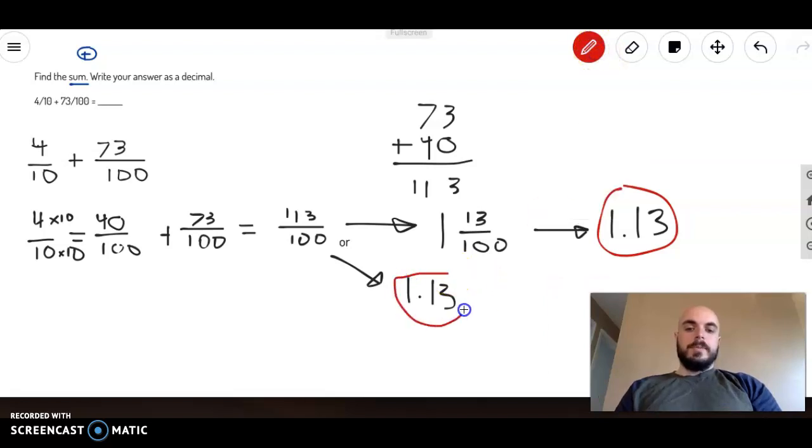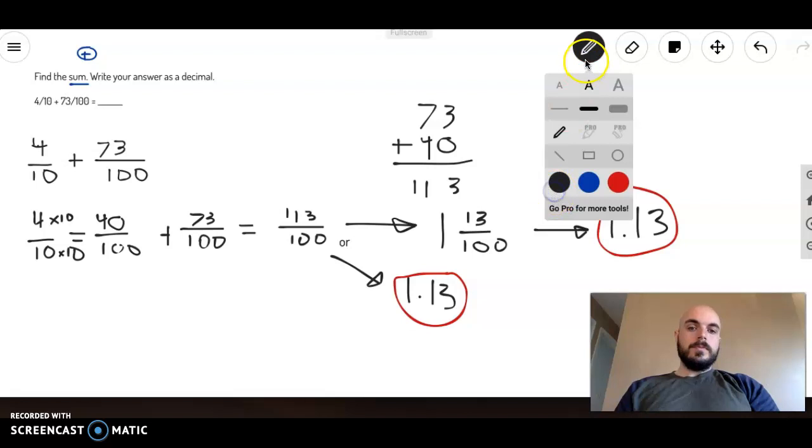It's a less of a step, but sometimes it can be confusing. Essentially, you're knowing where you put your decimal because you're in the hundredths, and then you just bring the numbers down. Unfortunately with this, if you don't have a good idea of what you're doing with that method, you might write the wrong answer. You might put 113 thousandths in here instead of 113 hundredths. So this first method might be the best method for most of you.